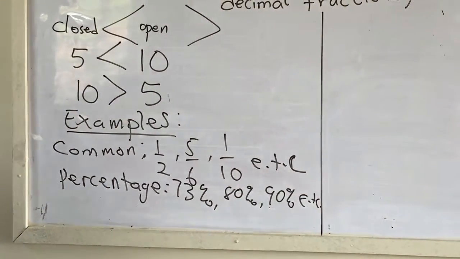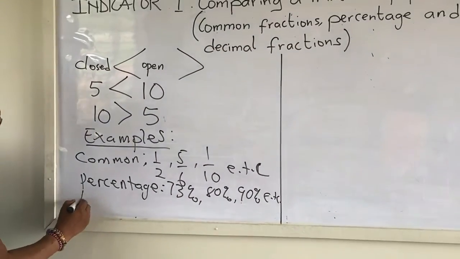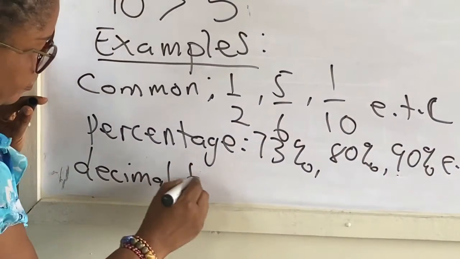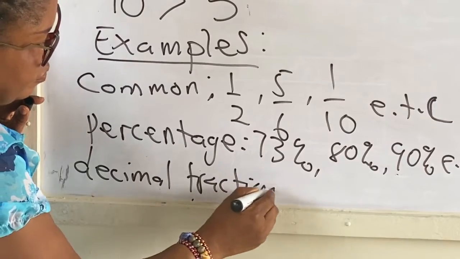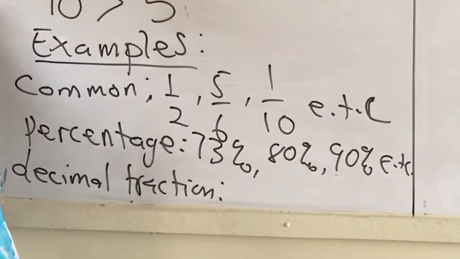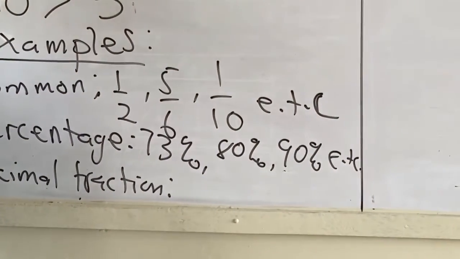We also have decimal fractions. They are numbers with a decimal point found in between them.